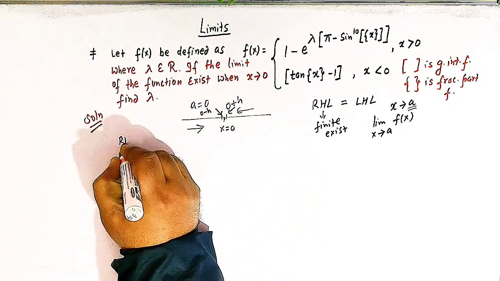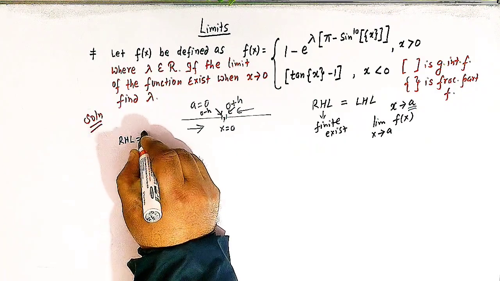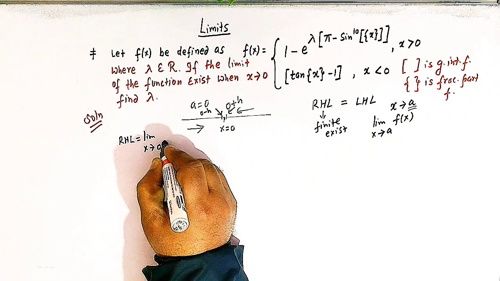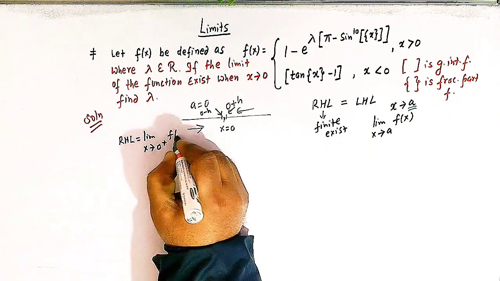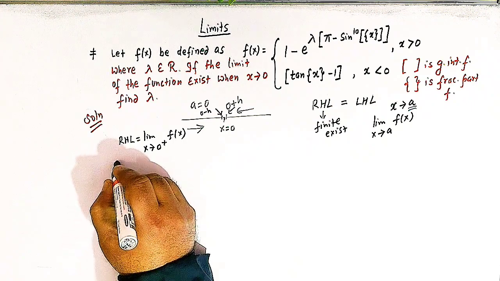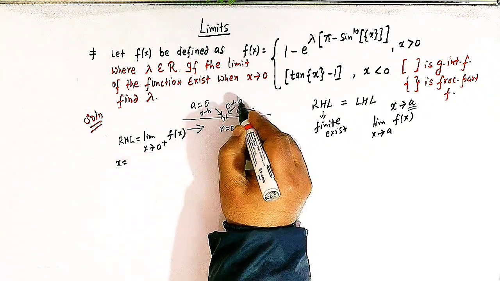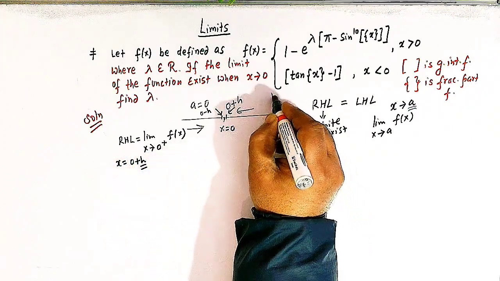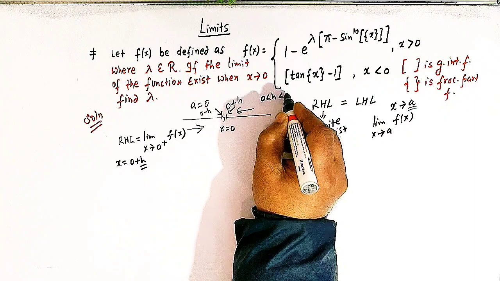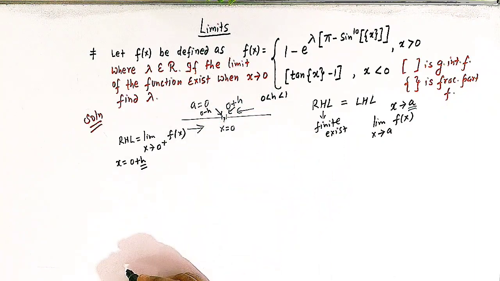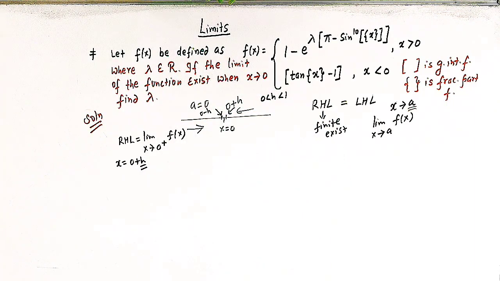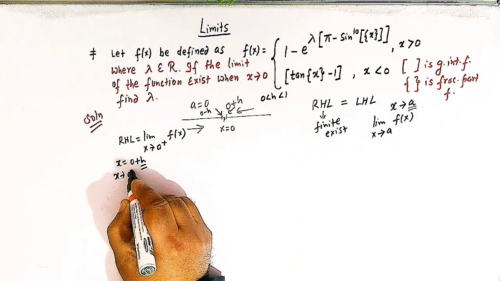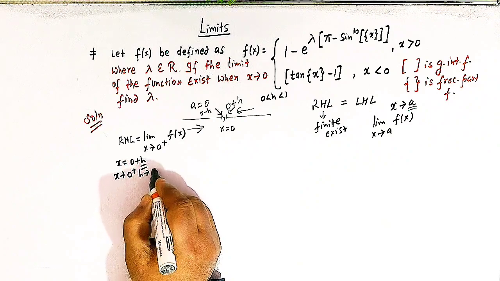So the notation for the right hand limit is limit x tends to 0 with a positive sign, then we have f of x. So we take x is equal to 0 plus h, and here h is a positive quantity, and it lies between 0 and 1, and h is infinitesimally very small. So when x tends to 0, then h tends to 0, right?